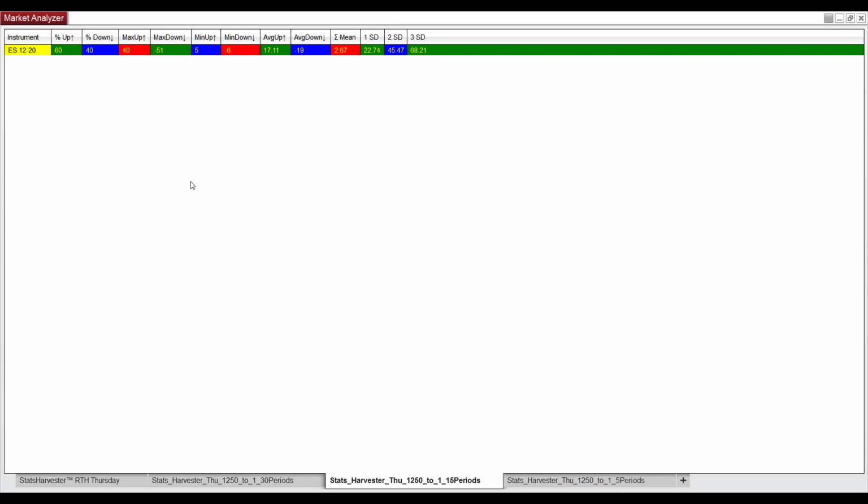Incidentally, at the onset of this demonstration, I noted you can use Stats Harvester to potentially pick your price targets and stops. You'll note Stats Harvester breaks down the average price range when price moved up and the average price range when price moved down. It also provides you with the 1 standard deviation move as well as the 2 standard and the 3 standard deviation move.